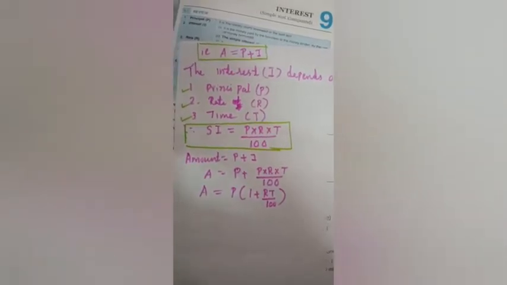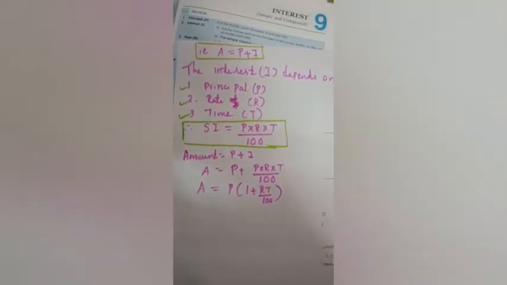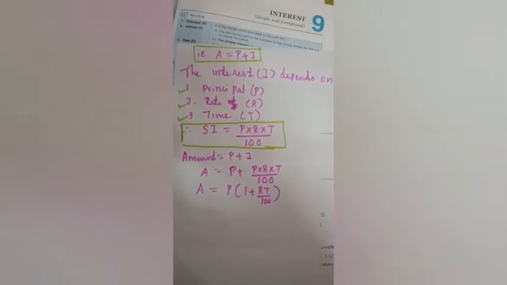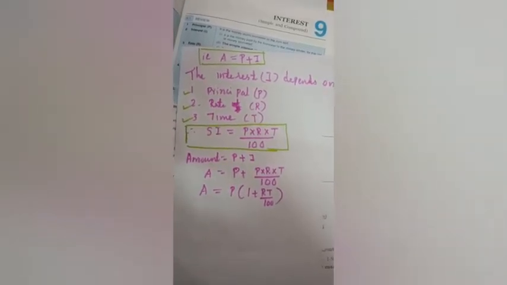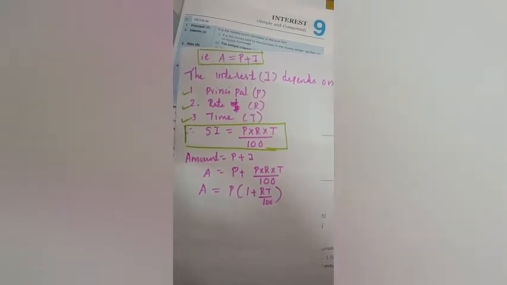So how do we calculate simple interest? One formula is there: simple interest is equal to PRT by 100. Here R means rate of interest.